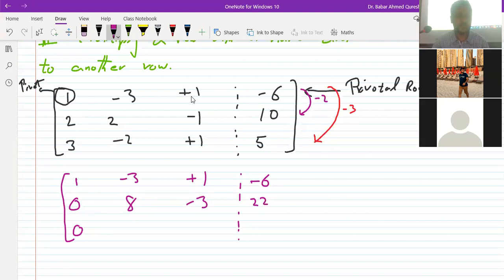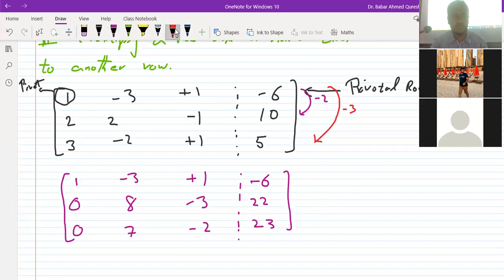So -2 plus -1, you get a -3. And over here, you get 7, -2, and 23. So now you are shaping it, bringing it to the triangular form. So what next, you need anything below this to be 0 to make it triangular.